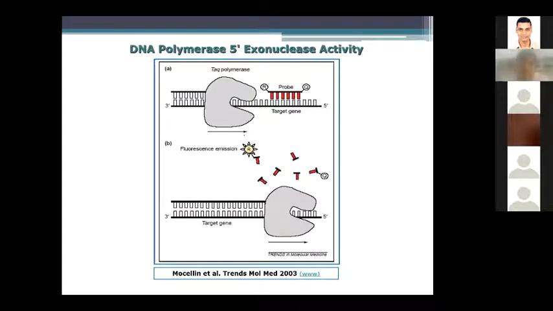So in the DNA polymerase assay, with 5' exonuclease activity, what happens? The DNA polymerase synthesizes the new strand and breaks down the reporter from the quencher, and ultimately the reporter is free to emit fluorescence, which is recorded by the special instrument in the RT-PCR.